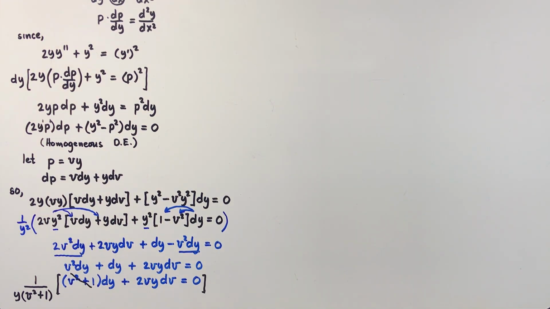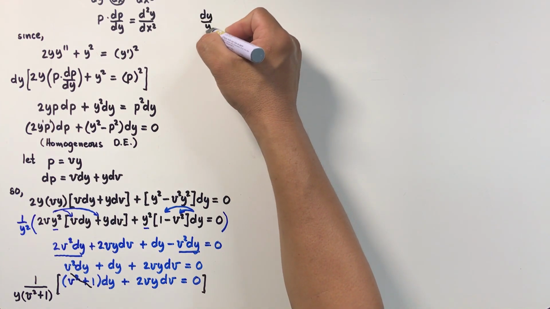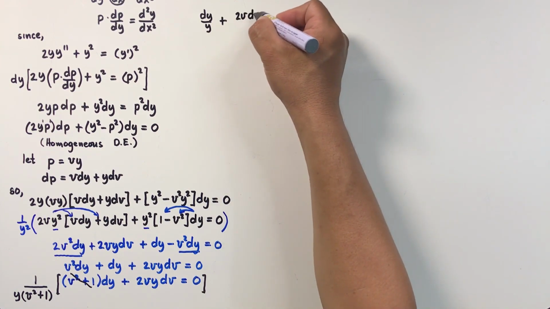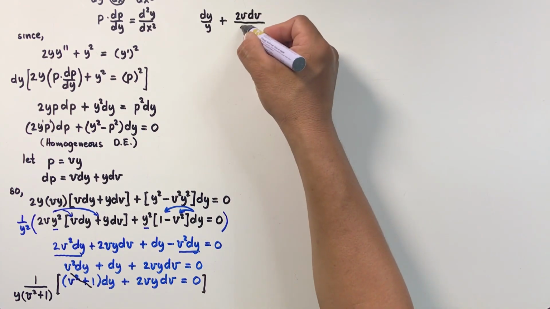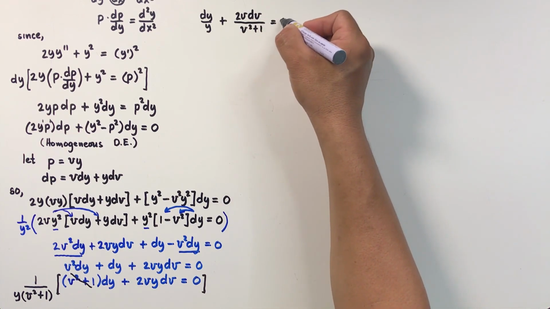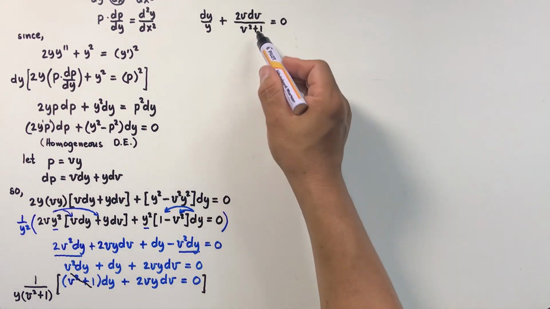What remains is dy over y plus this 2v dv over v squared plus 1, and this is equal to 0 because this y here and this y cancel each other. So what remains is 2v dv over this v squared plus 1.